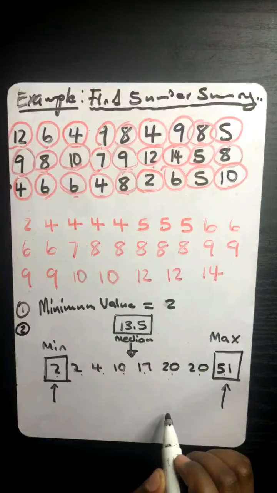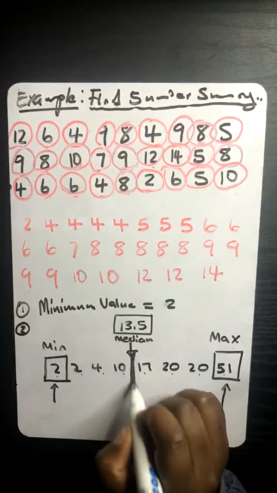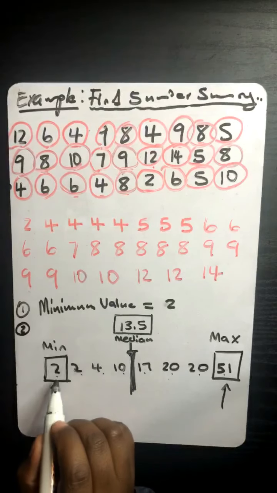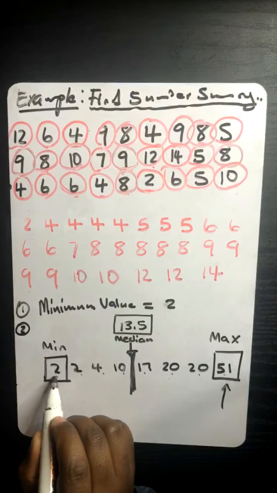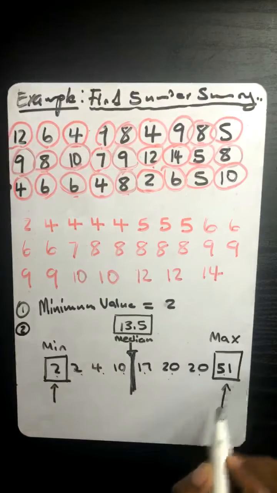We now need Q1 and Q3. So you find the middle value on this side and the middle value on that side.